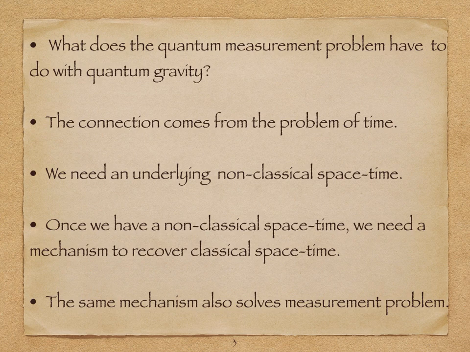So that's how you see the connection. The underlying physics for using spontaneous collapse to solve the measurement problem and to recover classical space-time from a non-classical space-time is essentially the same. It's spontaneous localization. And that's why, while talking of quantum gravity, we are talking of how the quantum measurement problem is getting solved.